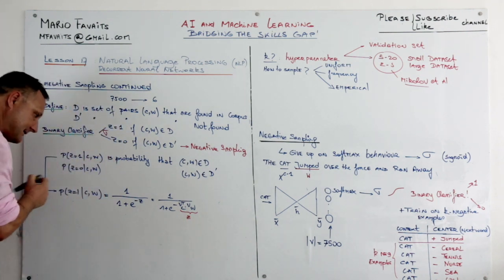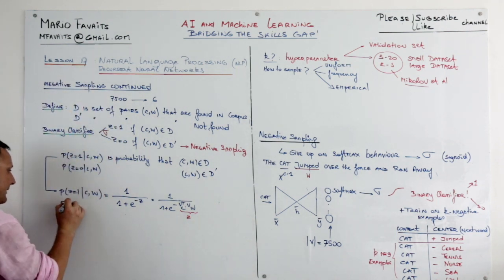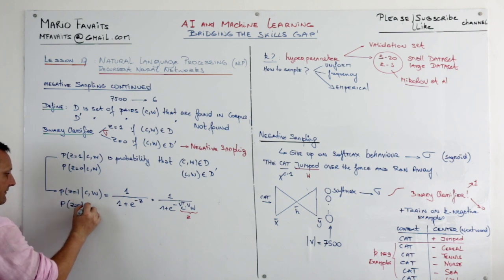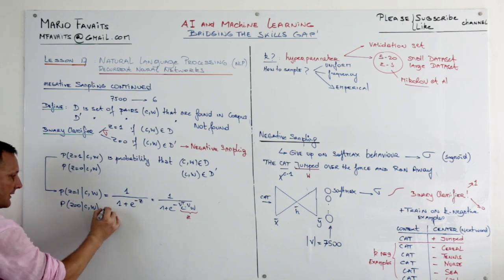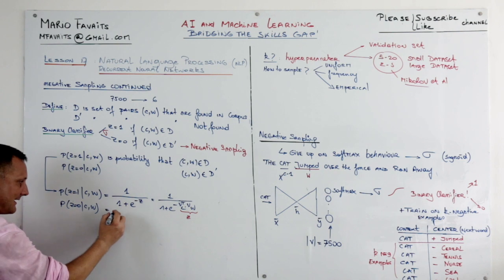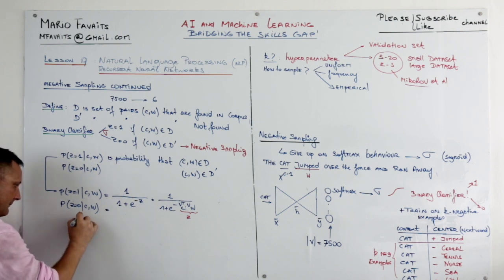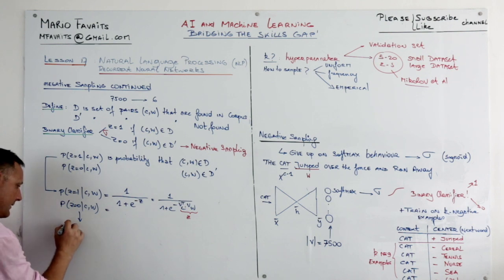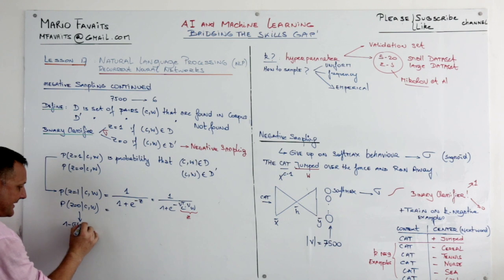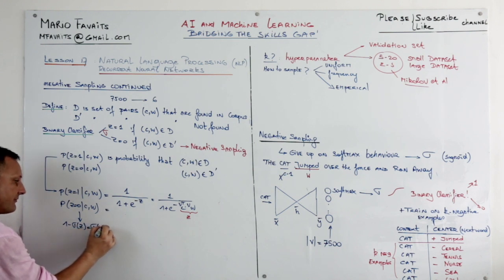So that means that the probability of z equals 0 given c and w is basically, let me just give you a formula here. 1 minus the sigmoid of z equals the sigmoid of minus z.